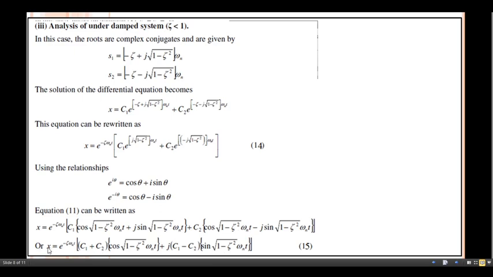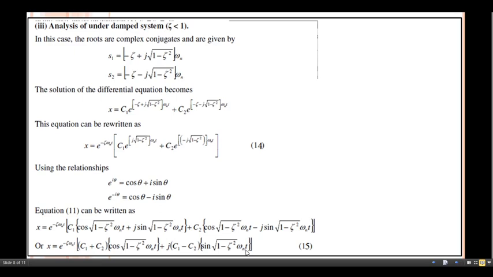So we can get this equation: x equals e raised to minus zeta omega nt into bracket c1 plus c2 into cos of square root of 1 minus zeta square into omega nt in the first bracket, and in the second bracket j into c1 minus c2 into sine of square root of 1 minus zeta square into omega nt.